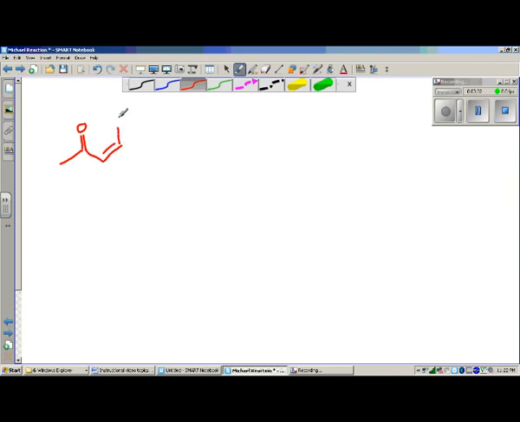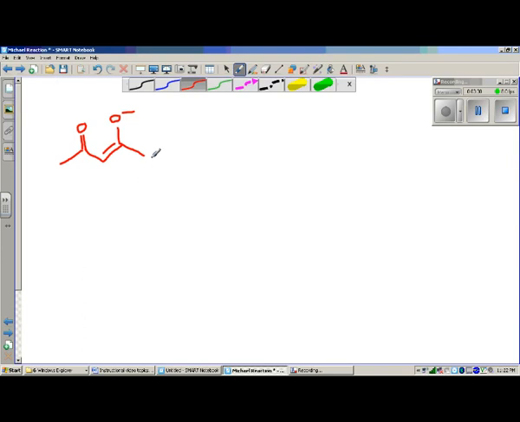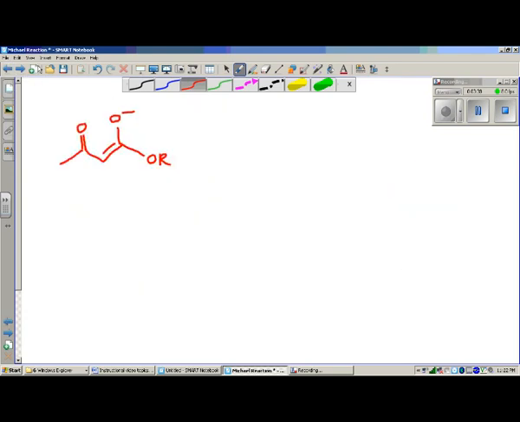So here is our enolate. This is one resonance structure of our enolate, because that's what we started with. In fact, we had an ester there, so let's put that here. And then I'm going to draw out our alpha-beta unsaturated carbonyl as well, and let's put that right here.